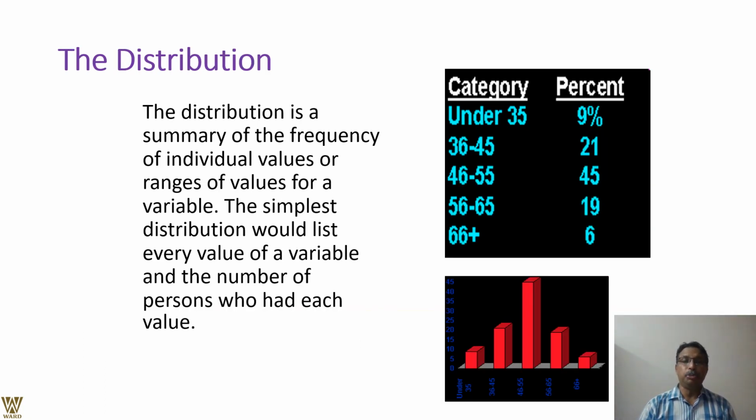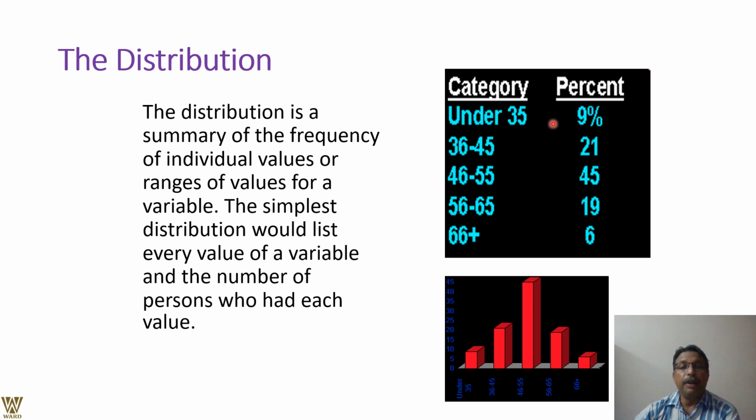The distribution is a summary of frequency. If you look at it, this is what we are looking at, the summary of frequency, the range of values for the variable. The simplest distribution would list every value of a variable and the number or percent that we have in each value. So under 35 would be less than 9%.